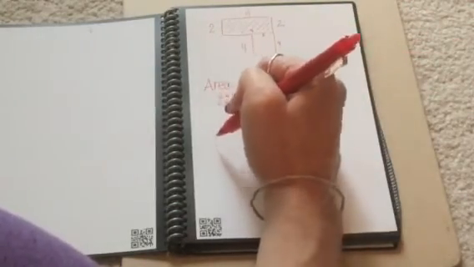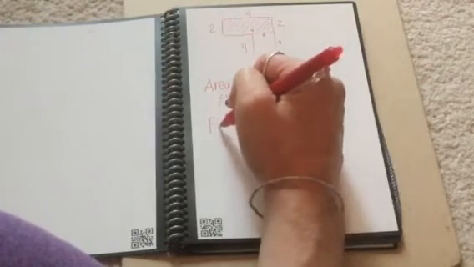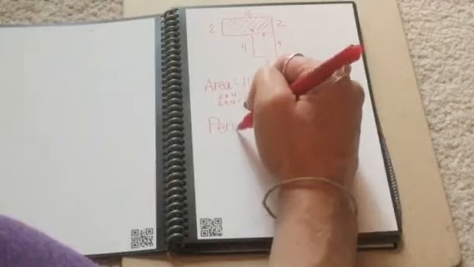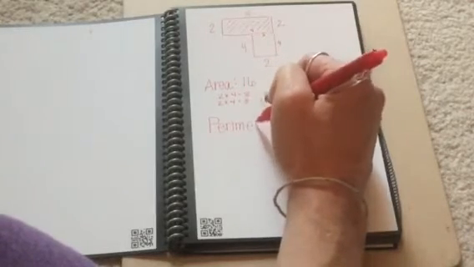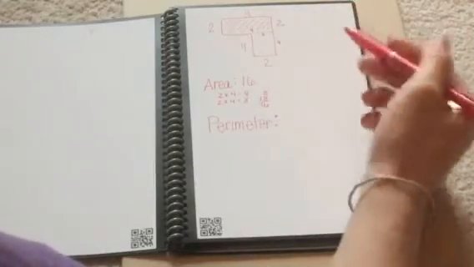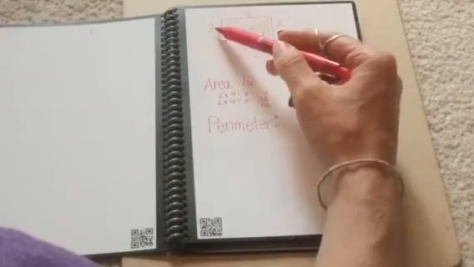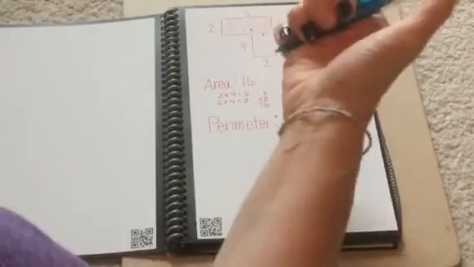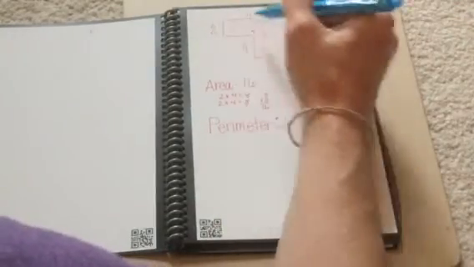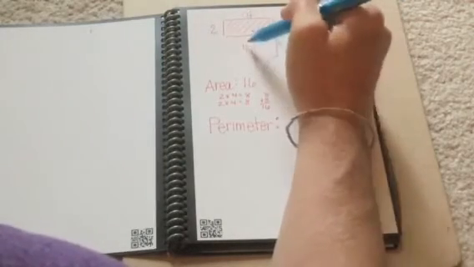Now for my perimeter, like on the last one, I need to double check to make sure I have all of the sides because we know that perimeter keeps the puppy in at all the sides. So I need to make sure I have all the sides labeled so I can add it. I have, let's see, 2, 4, 2, 4, 2, 4.